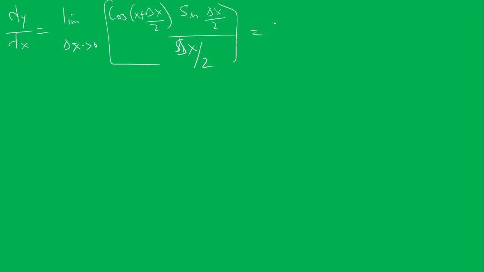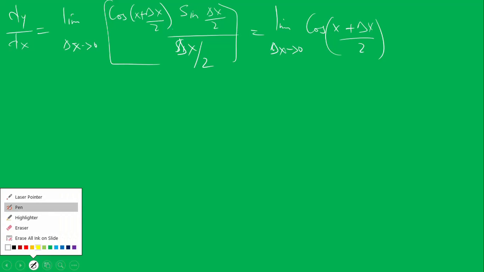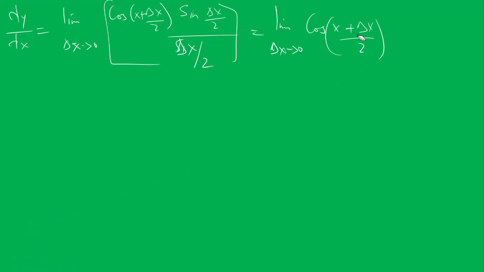So this is the same thing as saying the limit for delta x tending to 0 of cos of (x plus delta x all over 2). Let me make some correction here.